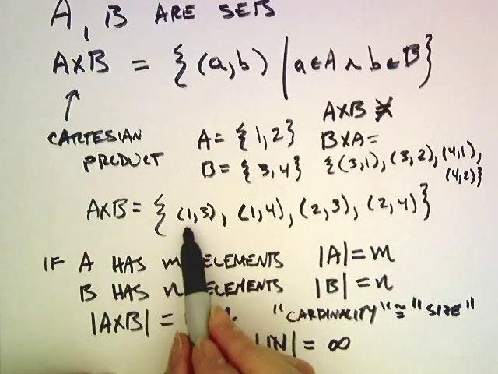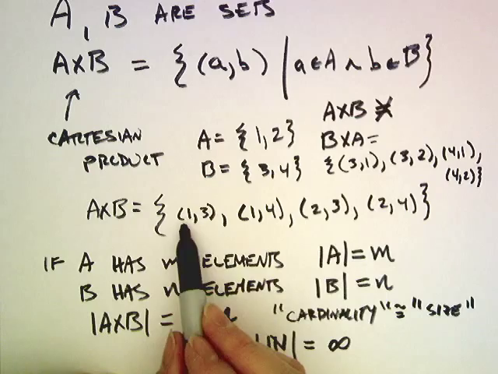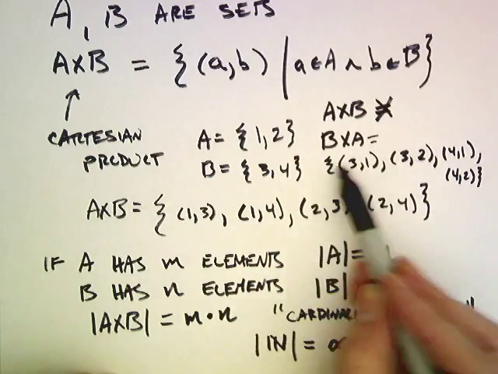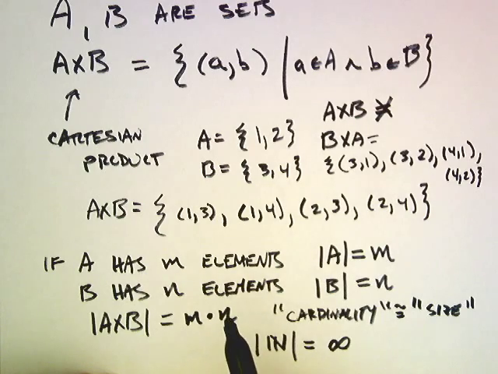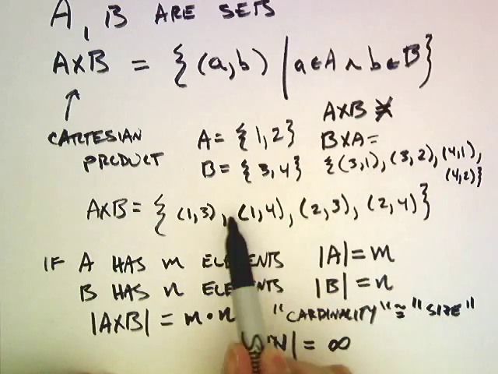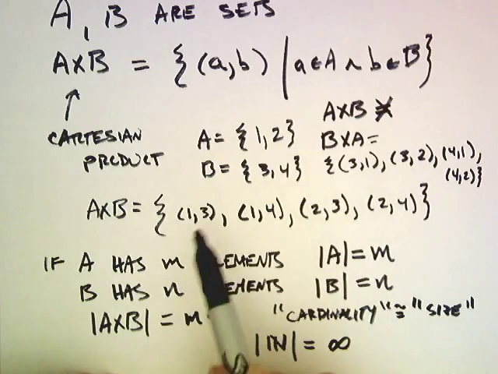So notice that A cross B had elements of A first, B cross A has elements of B first, and these are, as you can see, different sets. We have (3, 1) in this set, B cross A, but you don't see (3, 1) anywhere here. Here you see (1, 3).